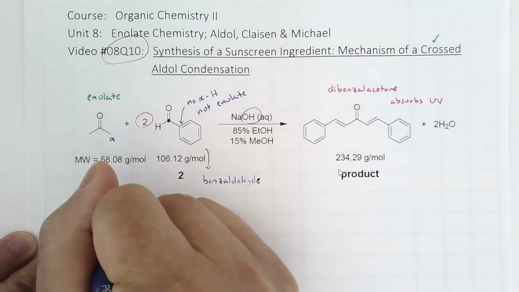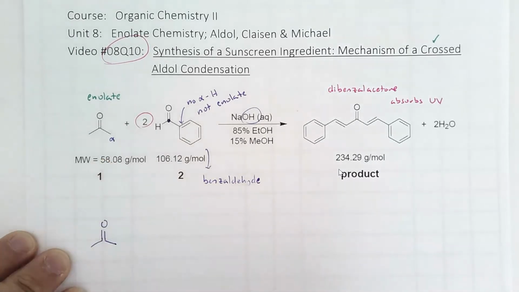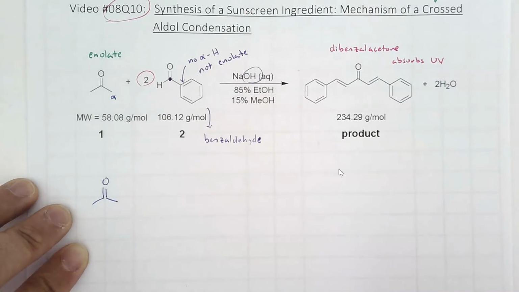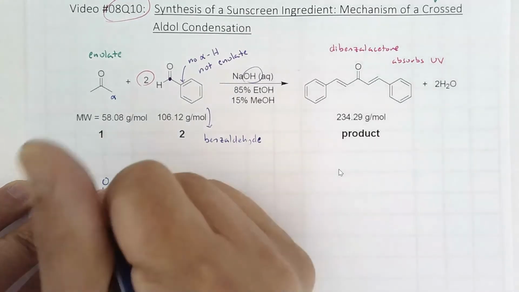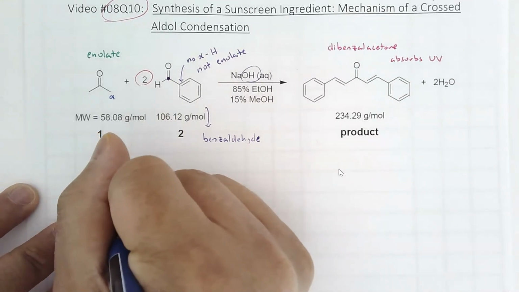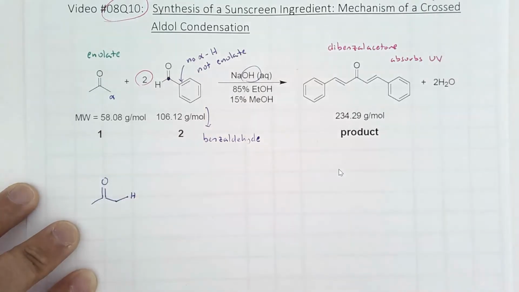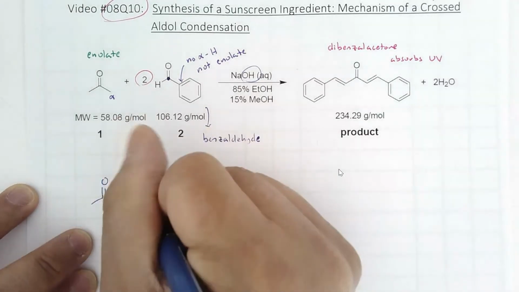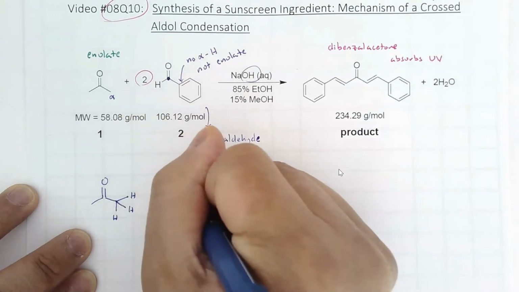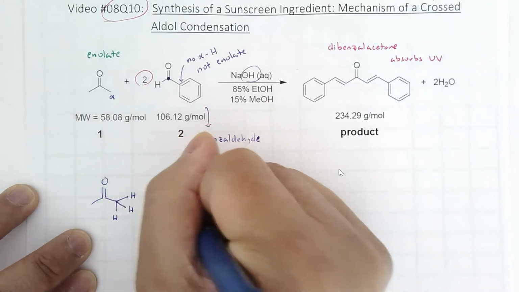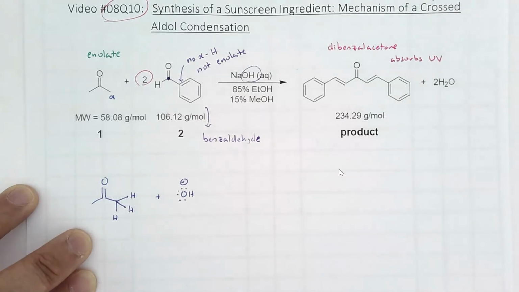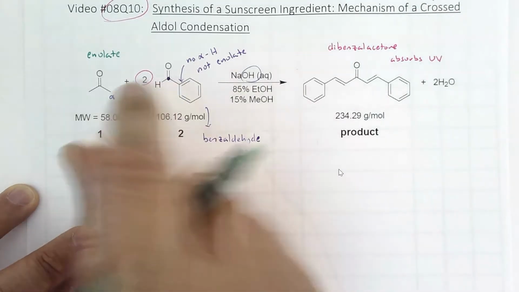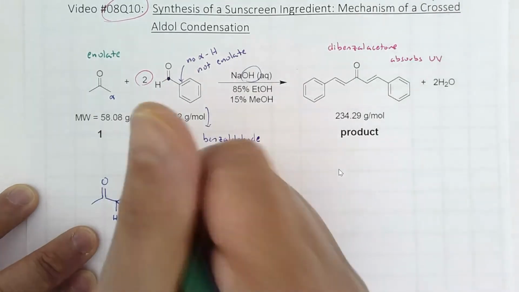When you abstract a hydrogen off of a carbon, you have to draw all the hydrogens off of that carbon. You just can't put the one hydrogen like this because you would be explicitly saying that that carbon only has one hydrogen attached. You should draw all three, and I require my students to draw all three. We're going to use base, OH minus, and we are going to deprotonate the alpha position, right, the alpha carbon.